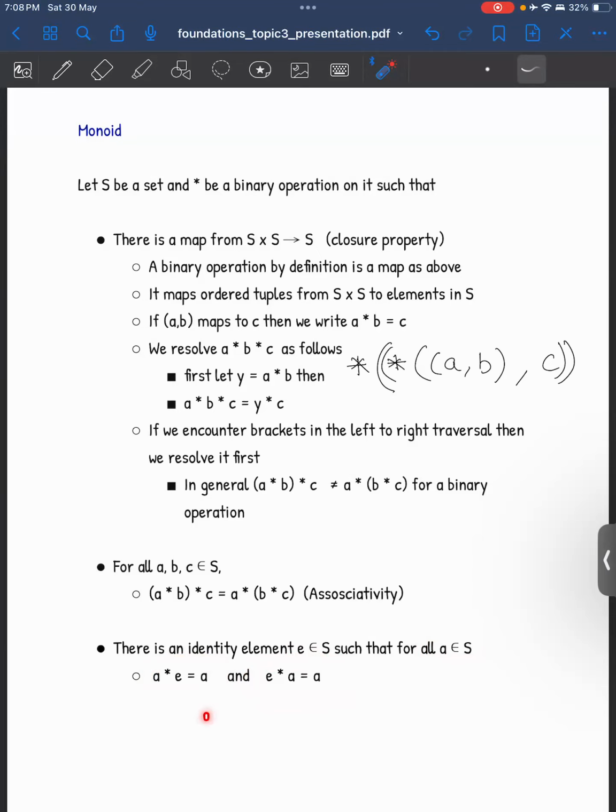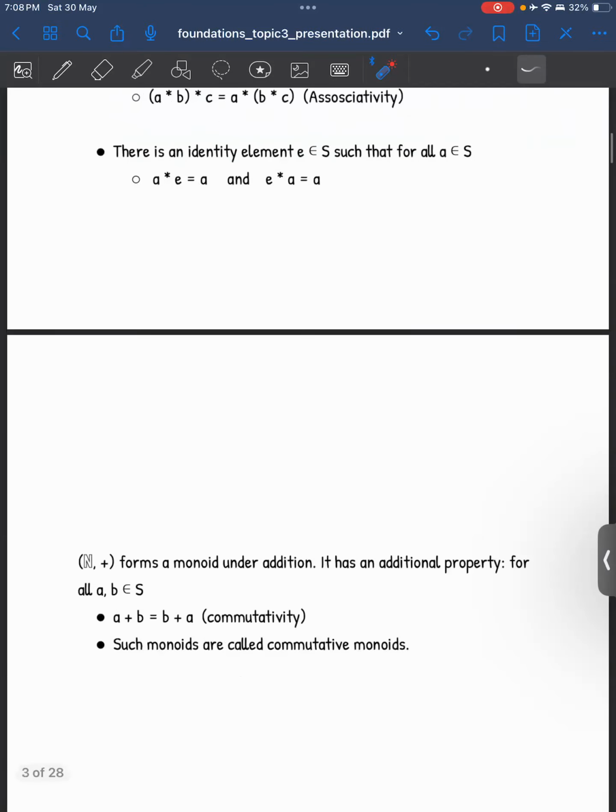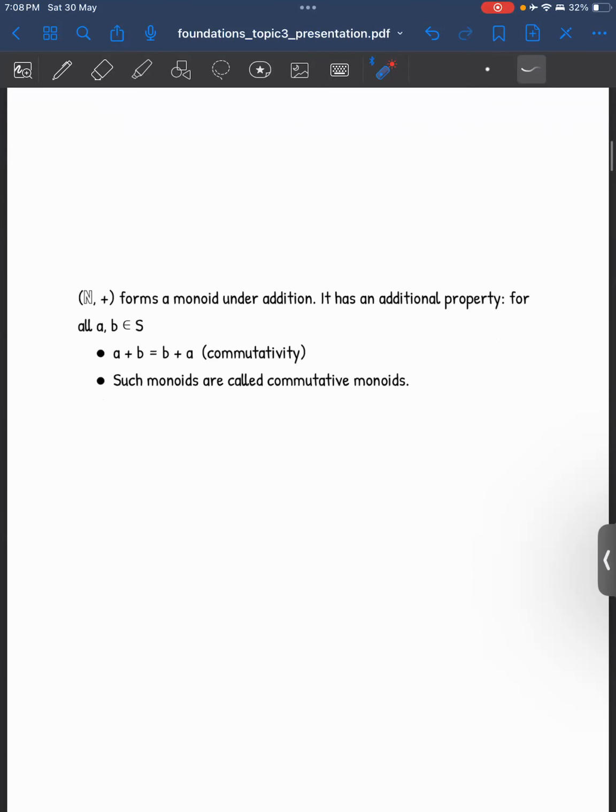This, in the case of natural numbers, follows trivially because natural numbers, as we saw, form a monoid under addition because it satisfies all the three properties, but it has an additional property: for all A comma B in natural numbers, A plus B is equal to B plus A.